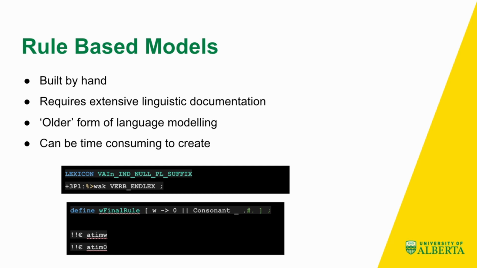So on the screen here, in the black boxes, we have an example from a real-life rule-based model. Basically what we're saying here is we are associating the tag +3PL, which means third person plural, with the form WAK, walk.